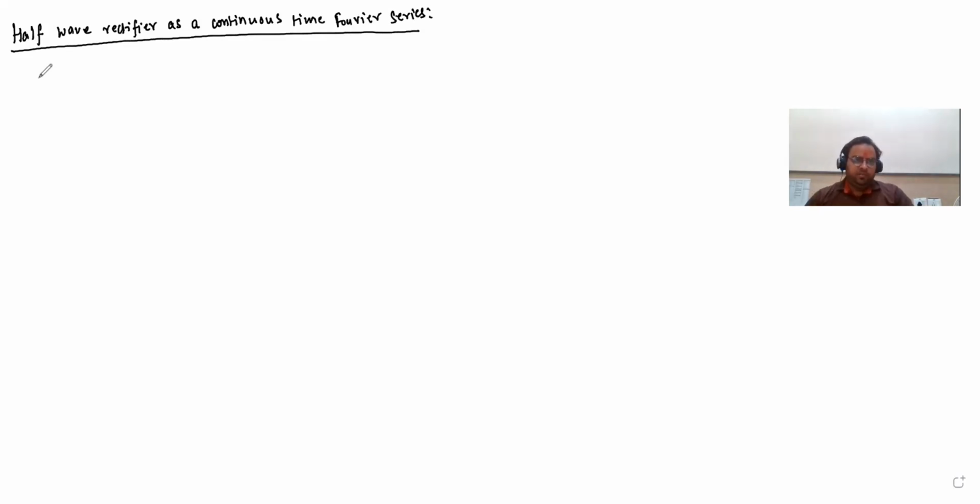Let us say that we have a periodic signal x of t, and that we want to express it in the continuous time Fourier series form.